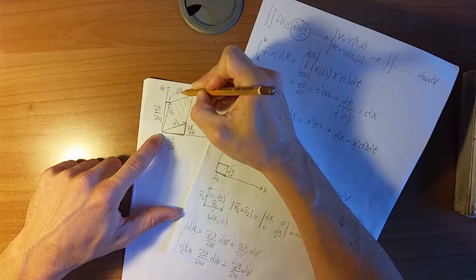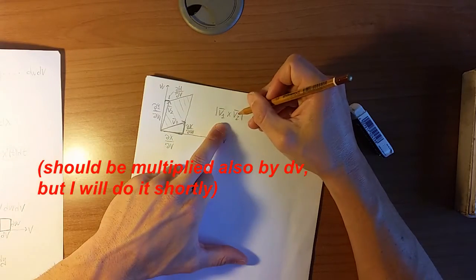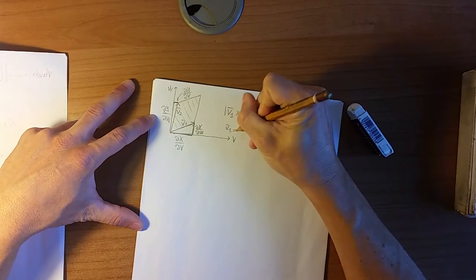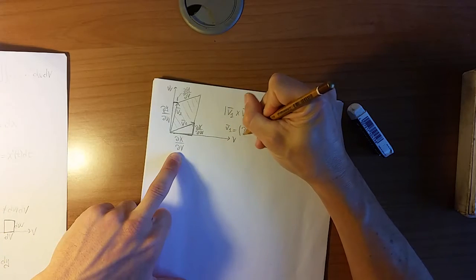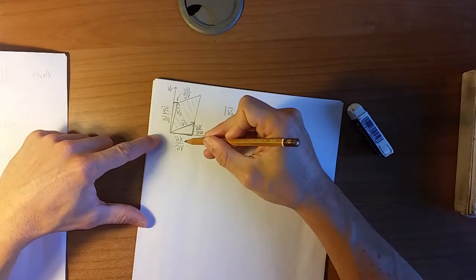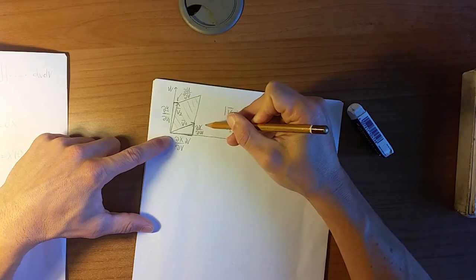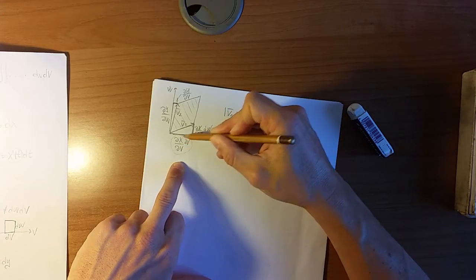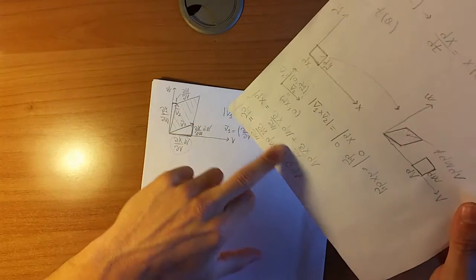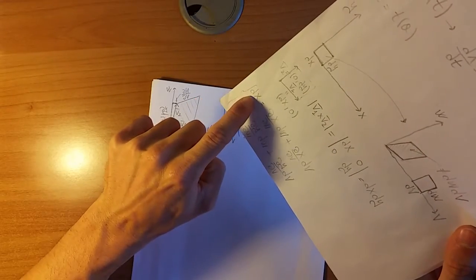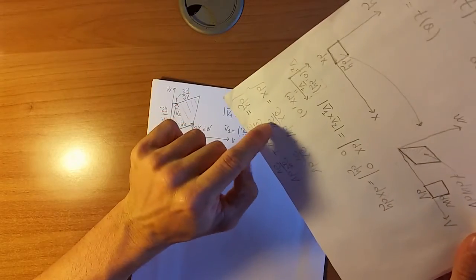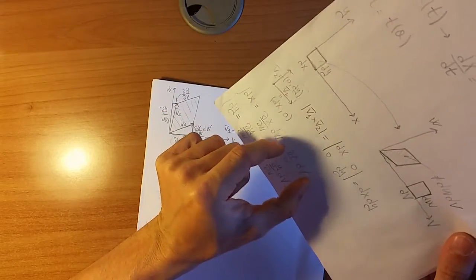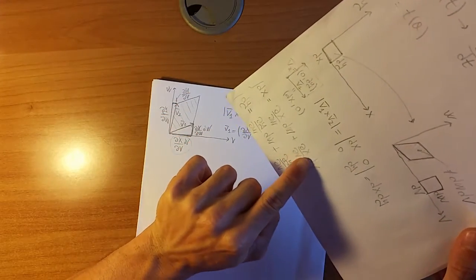If I want to compute this cross product, v1 is simply equal to dx over dv, and we should also multiply this by dv, whereas this one should be multiplied by dw, because this is the change in x. The change in x can be seen from this expression. dx changes because some part of it changes along w, some part of it changes along v, as you can see from here.